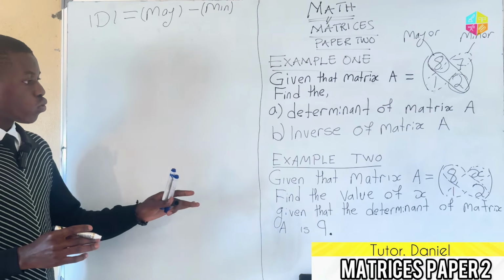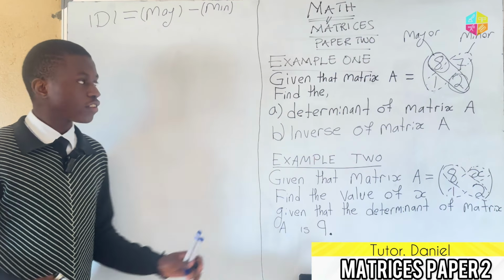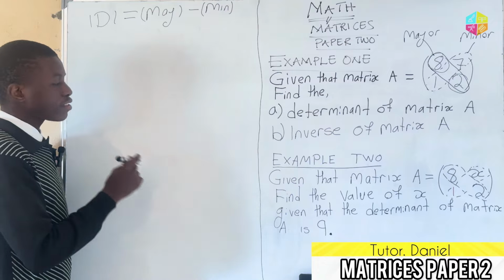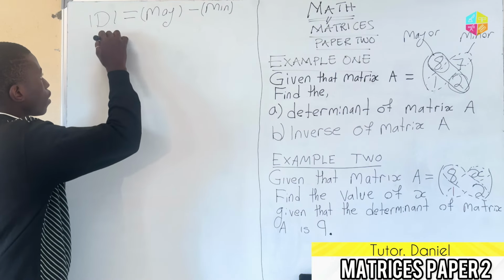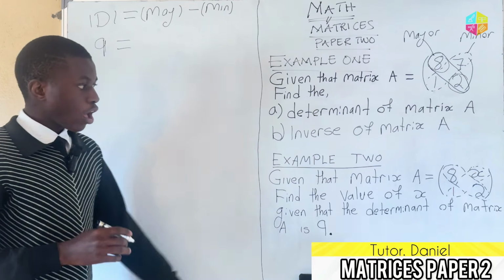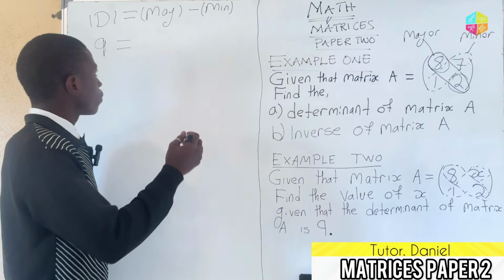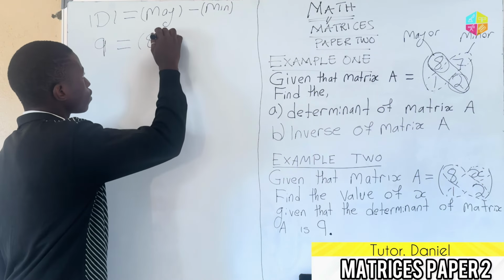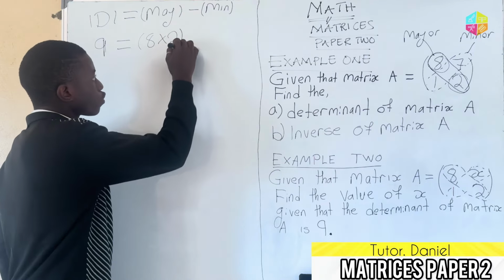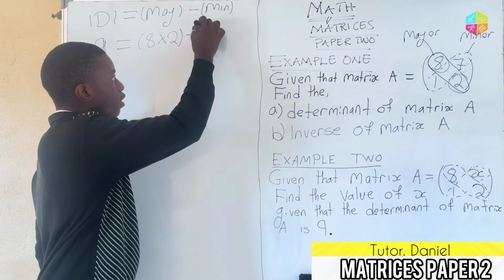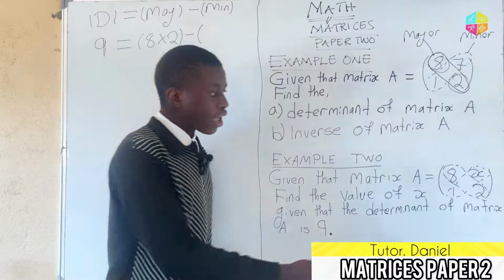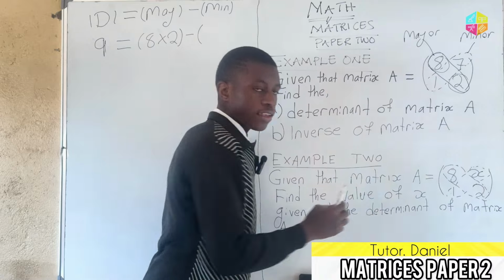Our determinant is already given in this case, so where there is d, I'll replace it with 9. So I'll say 9 is equal to our major diagonal, 8 multiplied by 2, close brackets, minus our minor diagonal, where 1 and x lie.